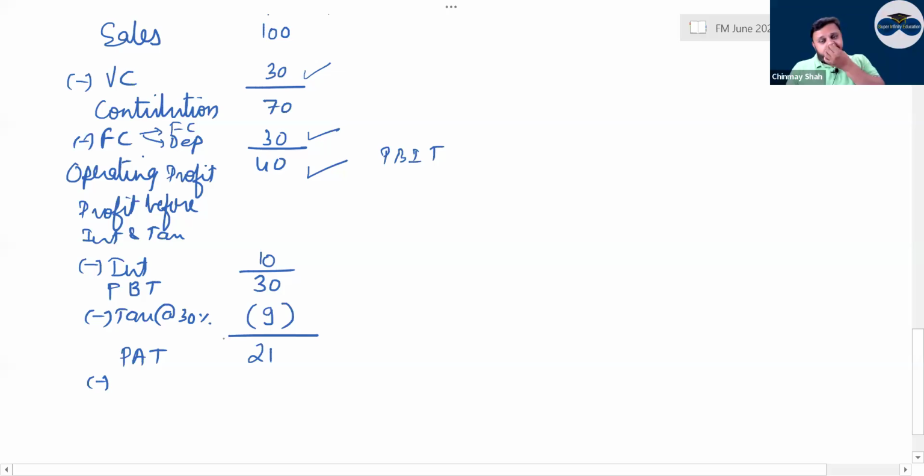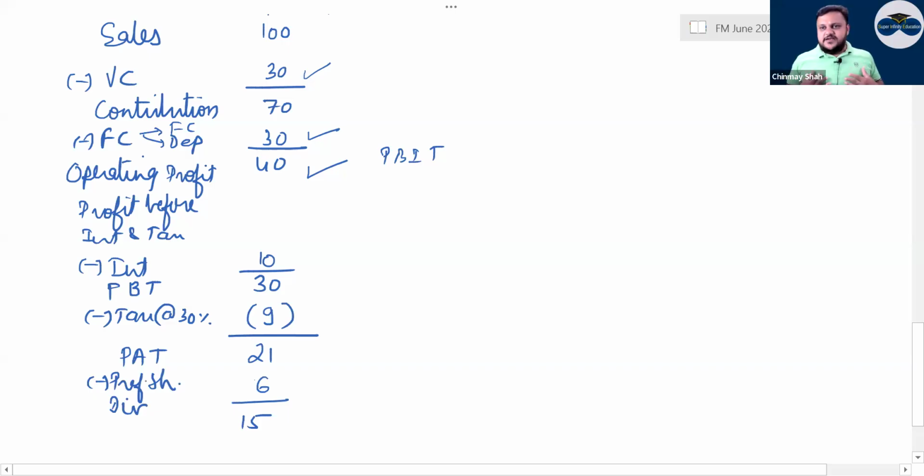First dividend will be paid to the preference shareholder. So minus the preference share dividend. Let's say the preference share dividend is around 6. Then 15 remains.